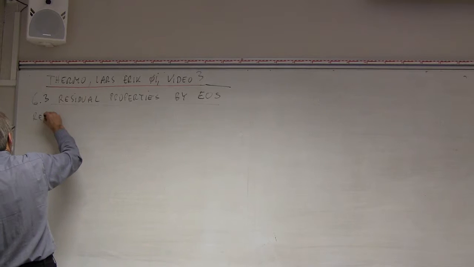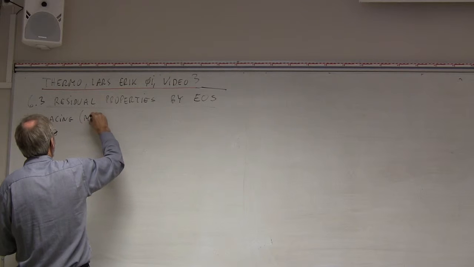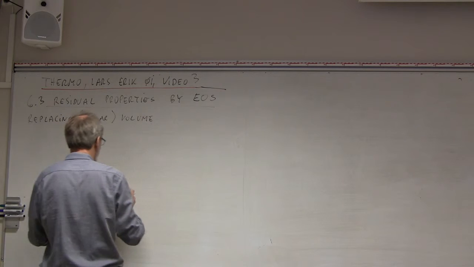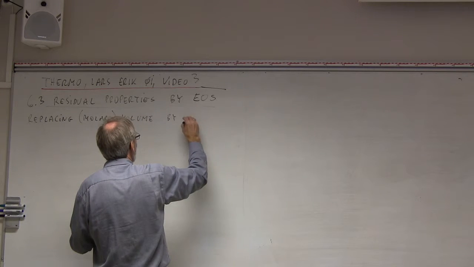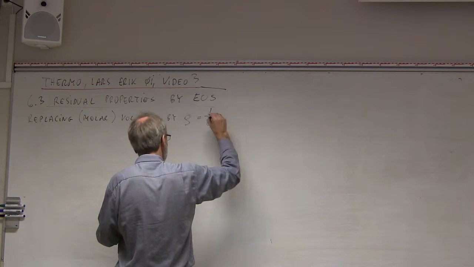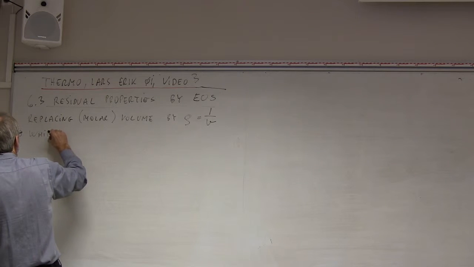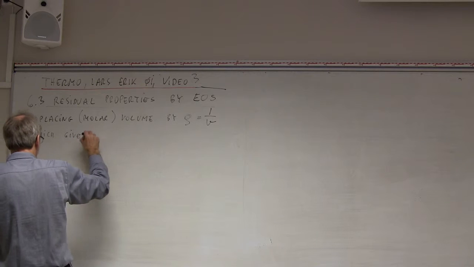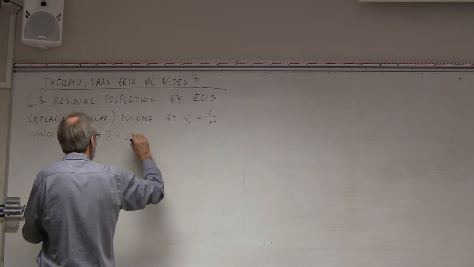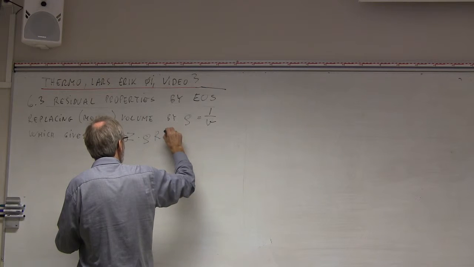And we start with replacing molar volume by the density, which gives P equal to Z times density times RT.